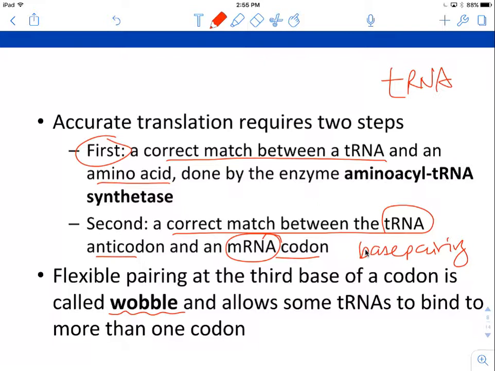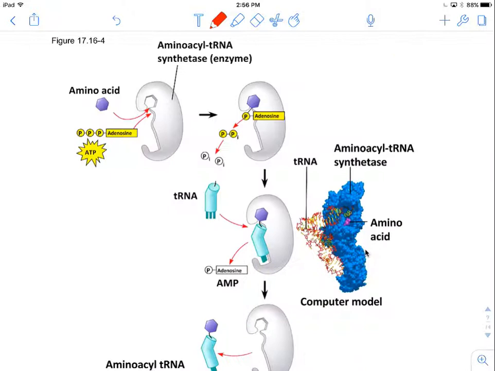As long as the first 2 bases can base pair properly, that third base doesn't always matter, and it has to do with the redundancy in the code. I'll talk about wobble more in class and in the next screencast. It has to do with the redundancy in the code, and the fact that more than one codon codes for each amino acid. This is just showing you how tRNAs are assembled. So here's my enzyme that does it.